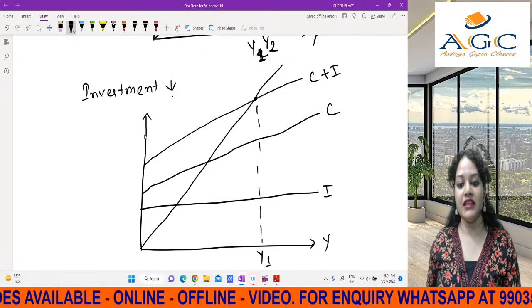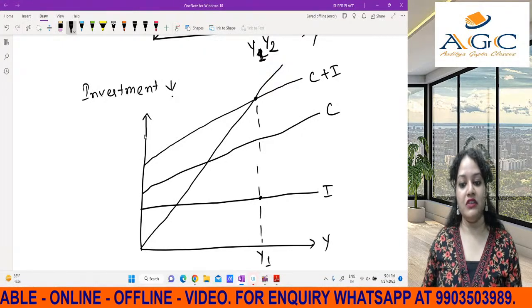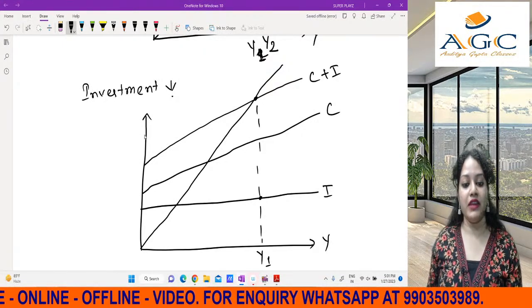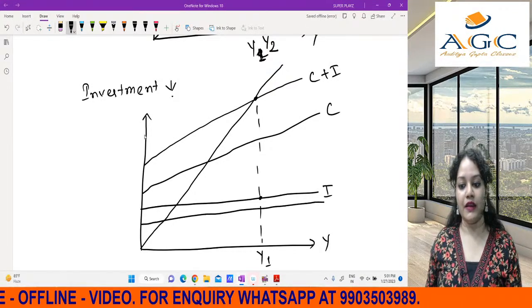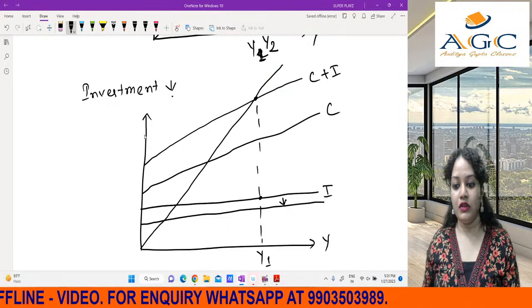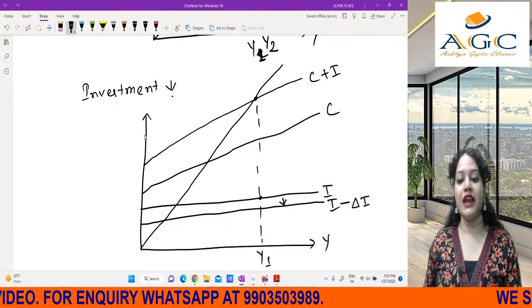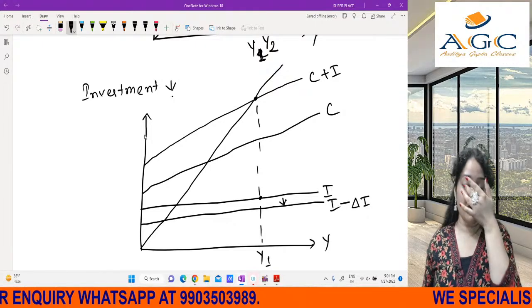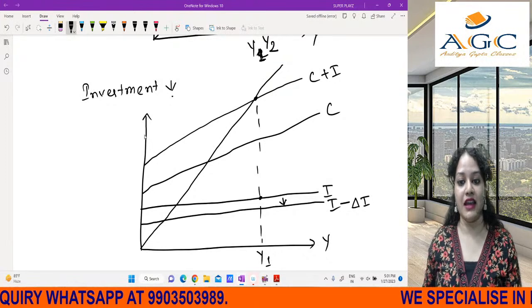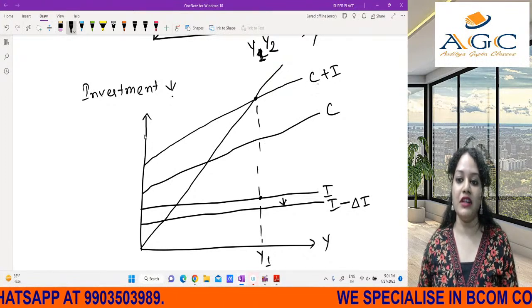If investment has decreased, then what will happen? When there was an increase, the line went upward, but when there is a decrease, it will go down, right? So I minus delta I. For that one we wrote plus delta I. This one, because it has decreased, we will be writing minus delta I. Now, if this has decreased, then the total line will decrease as well.